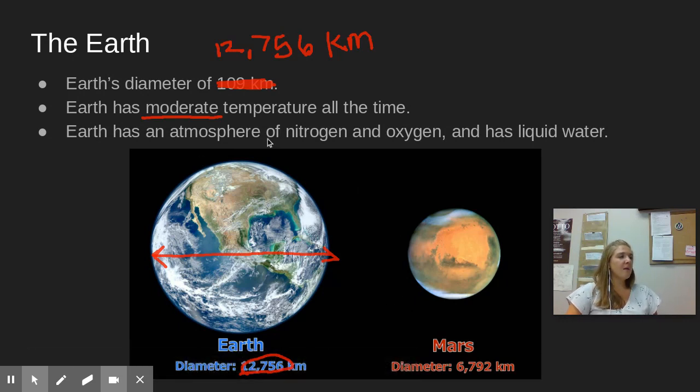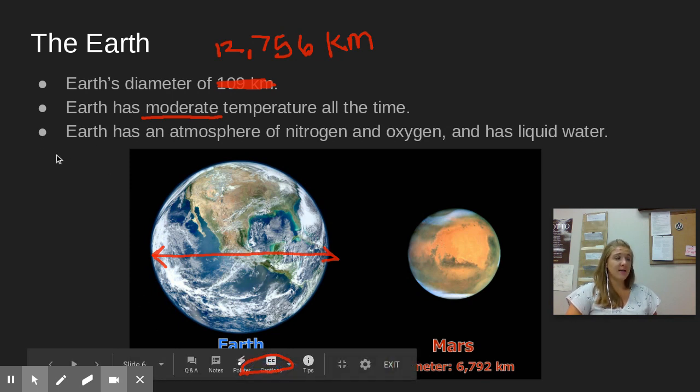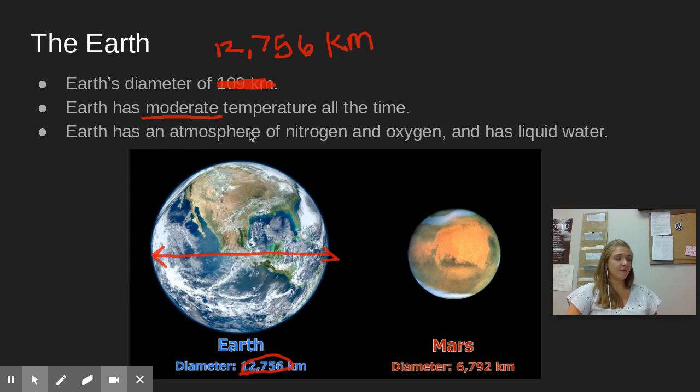So another characteristic of Earth that sets it apart from all the other planets in our solar system is that we have an atmosphere. Very, very important for us living creatures because we need that oxygen, which the Earth's atmosphere is made up of nitrogen and oxygen, and even has liquid water on the surface.